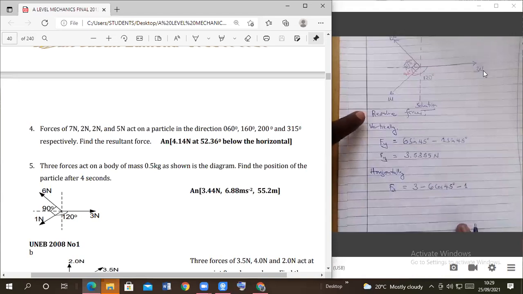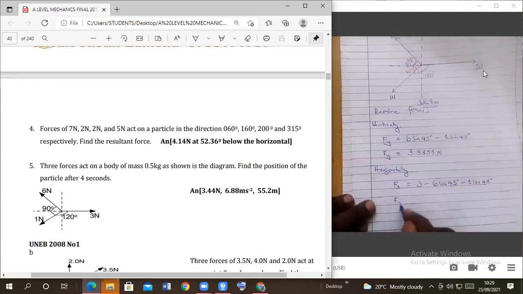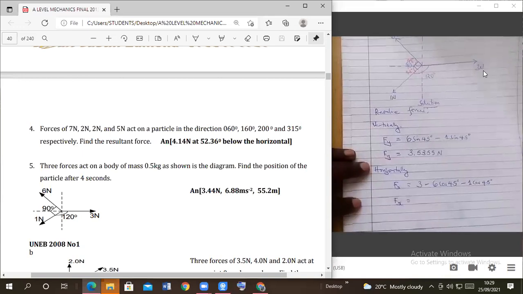What do you get? You get negative 1.9497 Newton. Is that what you have got? Yes. Good.